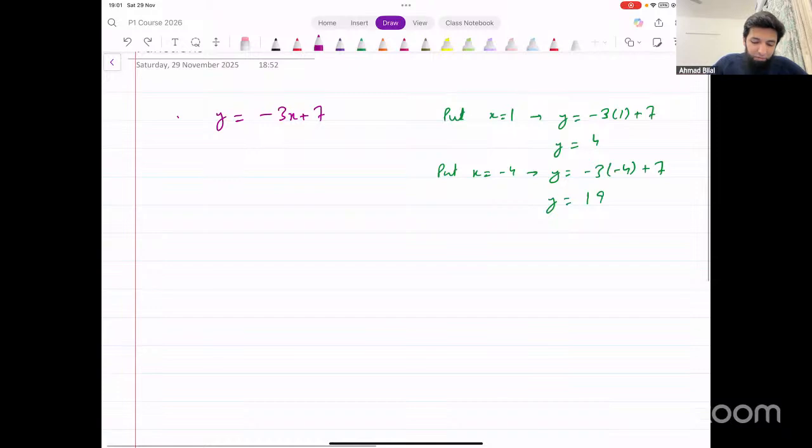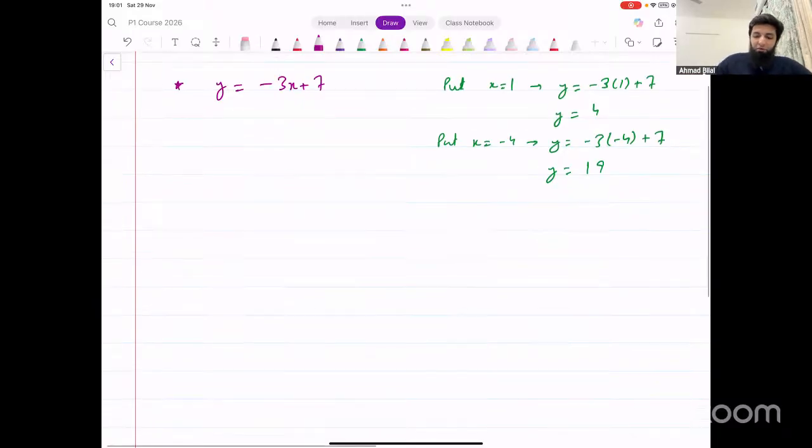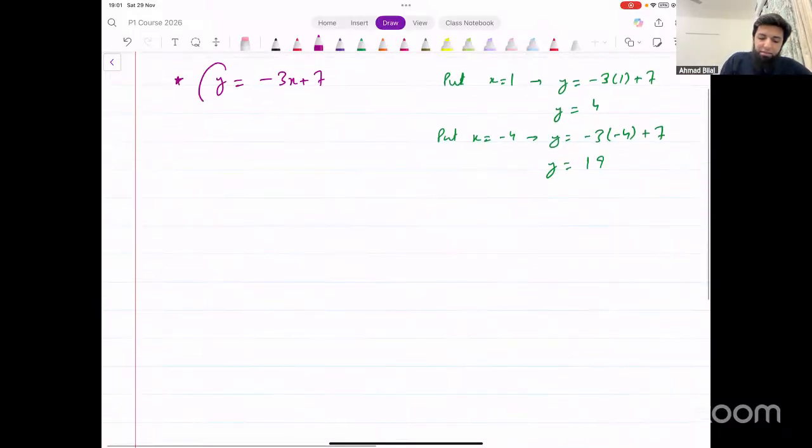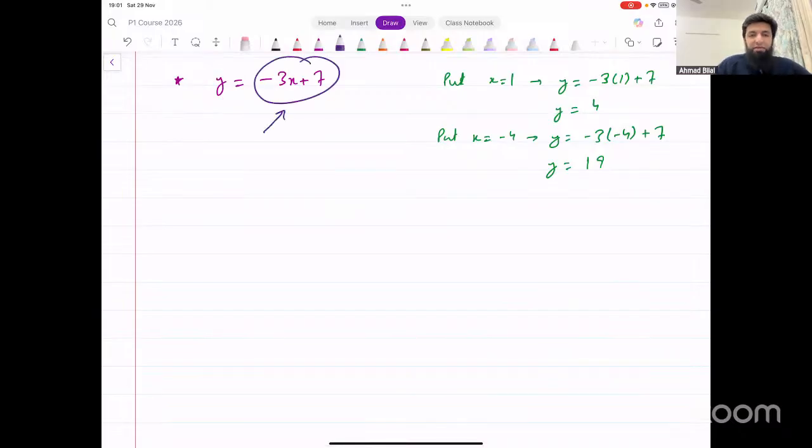Now, this same equation, I can write in function notation as well. What would that look like? I can say y is a function of x. That means it's defined in terms of x. And the notation that we use for that is f of x equal to, for the same function, minus 3x plus 7.